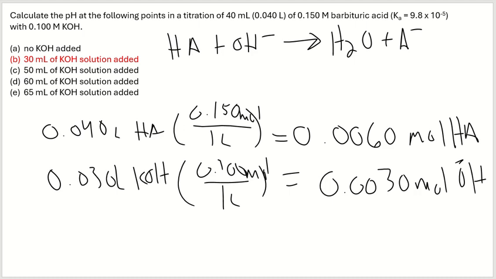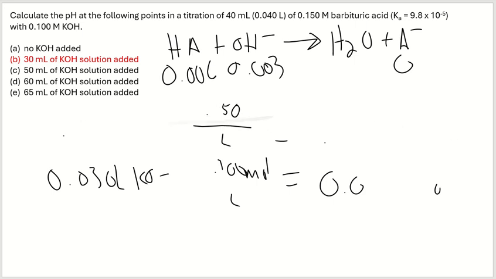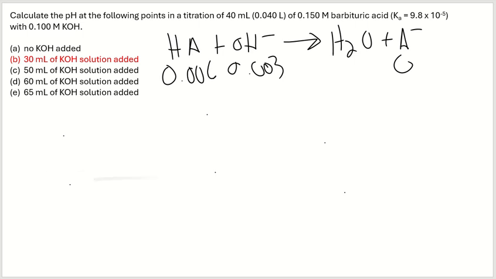If we start with 0.006 moles here, 0.003 moles there, and none of this, what's going to happen is we're going to completely consume the base because it's our limiting reagent, and this is not an equilibrium.